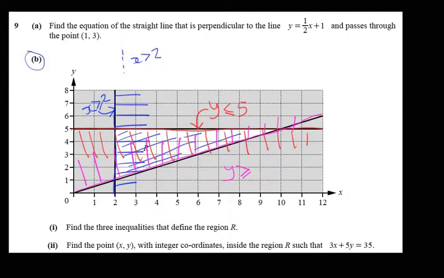Now, how we're going to tackle this is to find the slope of the line. Let's take this point here, which is 0, 0, and let's take this point, which is 12, 6.